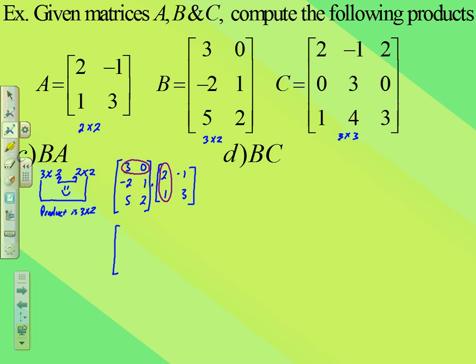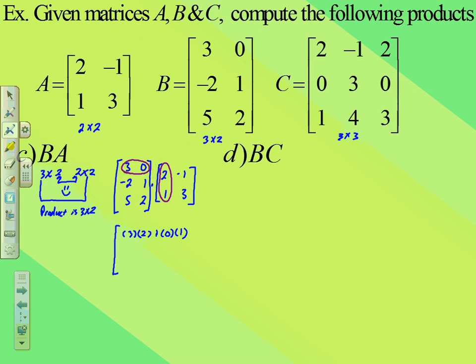So I will say 3 times 2 as a sum product operation here, and the next number is 0 times a 1. This one's not going to be quite as onerous as the last one was, I don't think. Now we're going to go through the next row and see what we get.